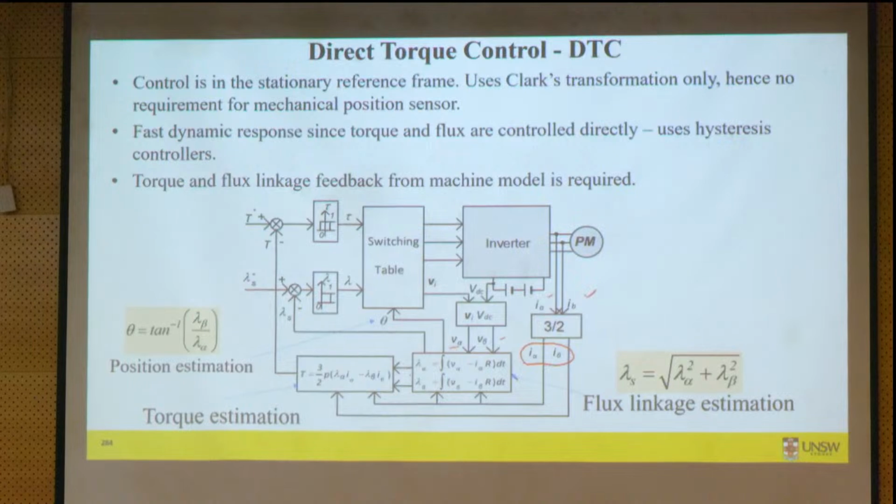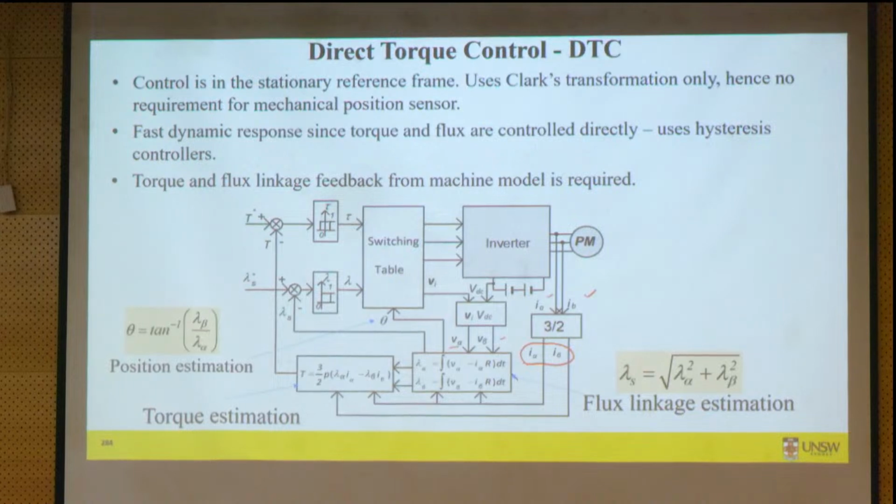We can use that flux linkage to estimate torque, because torque, as we have found, is 3/2 P times lambda d id plus lambda q iq. It is also lambda alpha I beta minus lambda beta I alpha. So we know current, and we know flux linkage in alpha and beta, so we can estimate our torque.